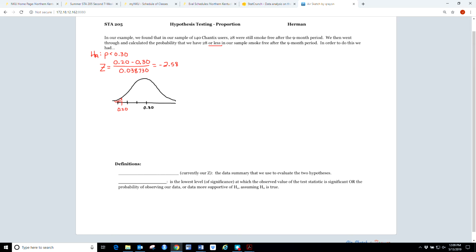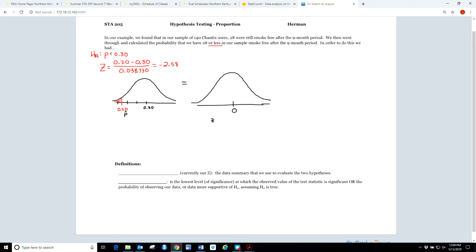Now what I'm going to do is draw this picture a little bit differently, but it's going to be exactly the same. So for this picture, I'm going to draw it based upon the z instead of our p hat. Right, this was our p hat that we calculated here. Now if you remember from module 1, z is always centered at 0.